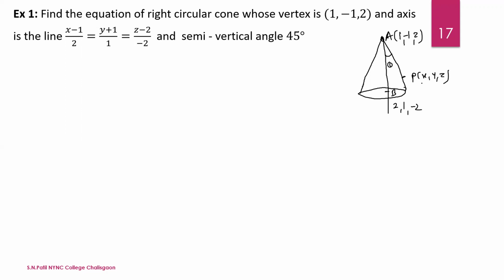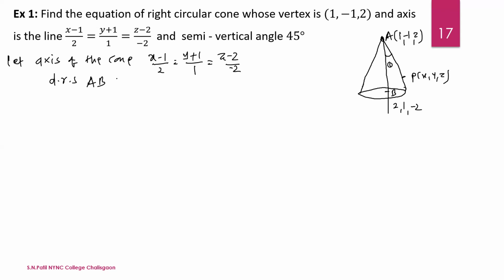So here we write the given data. Let the axis of the cone be (x - 1)/2 = (y + 1)/1 = (z - 2)/(-2). Therefore the DRs of the AB line, meaning the axis, are 2, 1, -2.